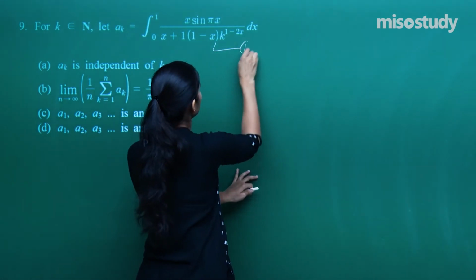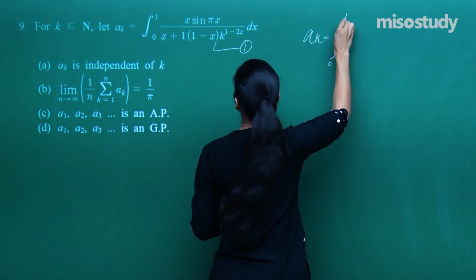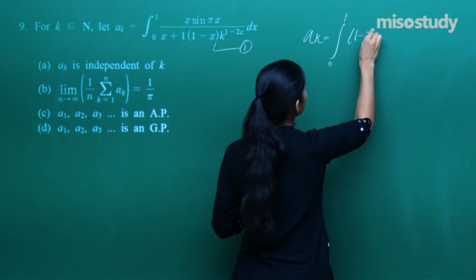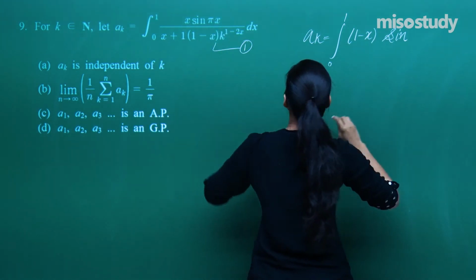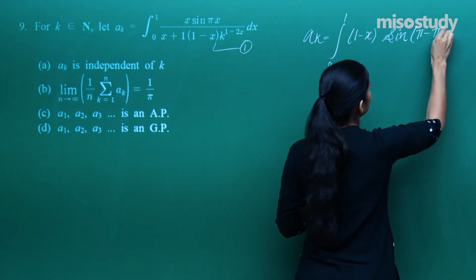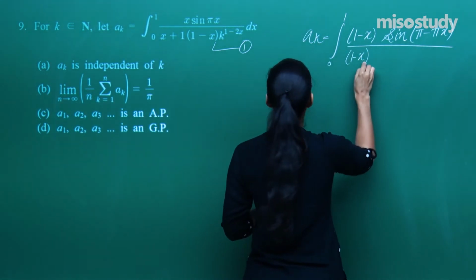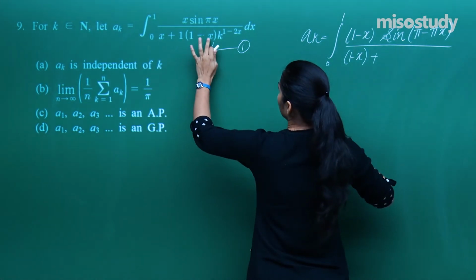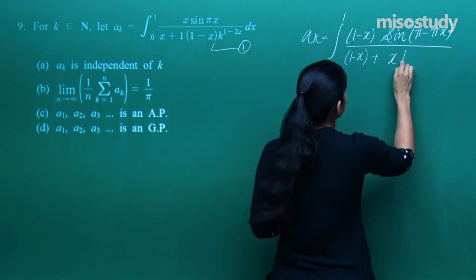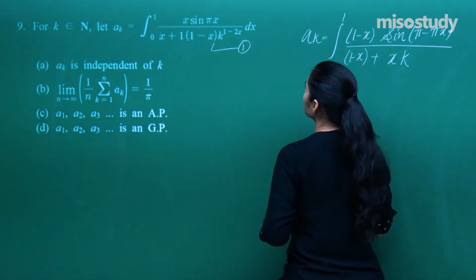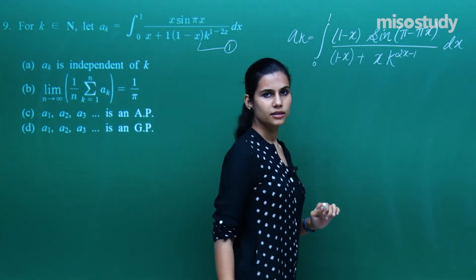If I take this as equation number 1, I am saying ak is also equal to integral 0 to 1, x is replaced by 1 minus x, sine of, again x is replaced by 1 minus x, so you get pi minus pi x, whole upon x is replaced by 1 minus x plus, again you replace x by 1 minus x, you will just be left with x, and k to the power, when you replace over here x by 1 minus x, you will be having 2x minus 1 dx.